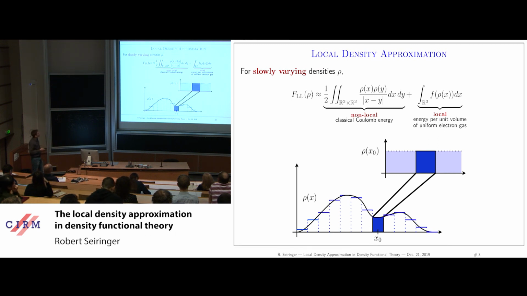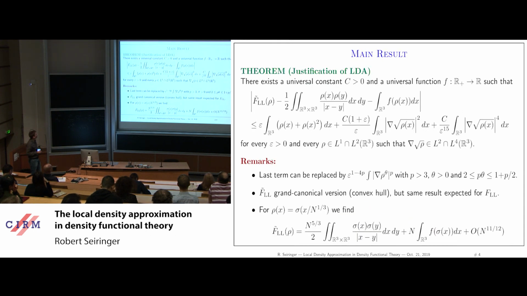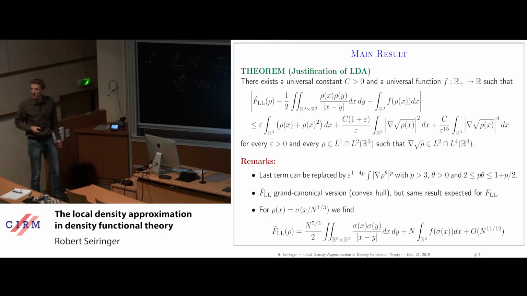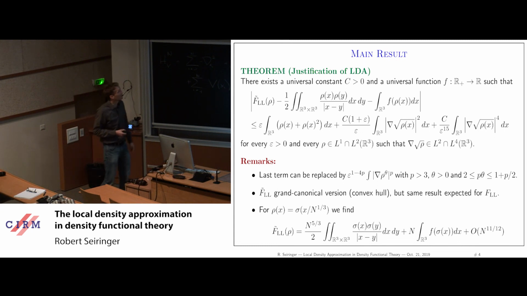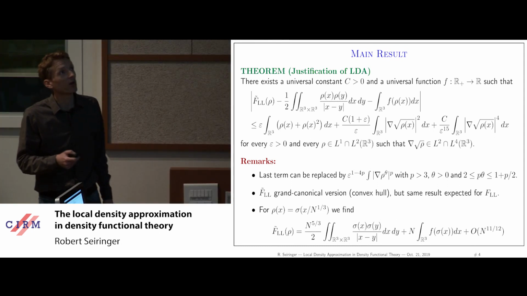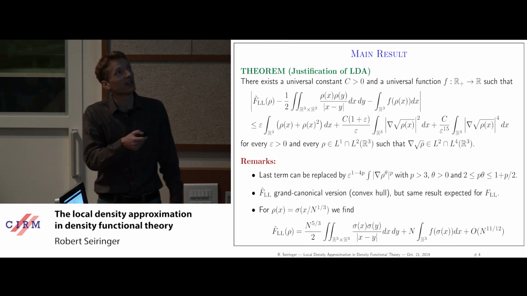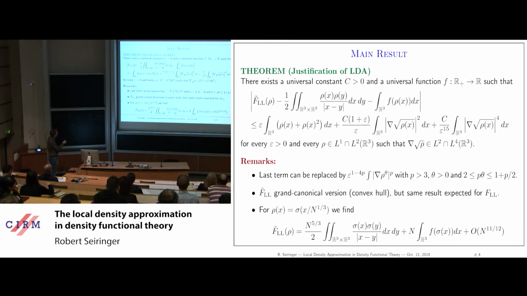I have more on this on a later slide, but let me start right away by explaining the main result, which is a justification of this local density approximation in the case of slowly varying densities. Okay, so here is the main theorem. We look at the Levy-Lieb functional, or actually a convex hull of it, the grand-canonical version. I'll comment on this in a second.